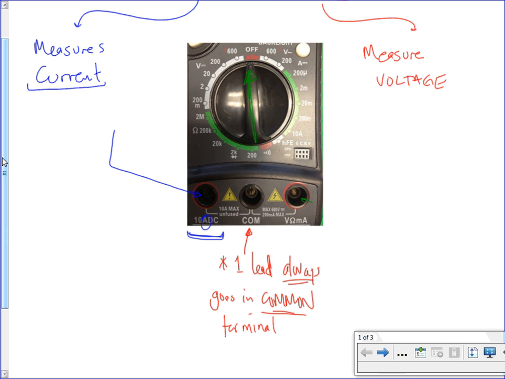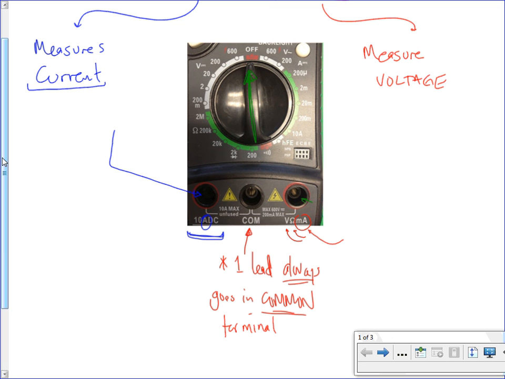Notice over here, we've got volts, ohms, and milliamps. So we can actually measure current if we plug the other lead in over here as well, except here's the deal. Most of our multimeters are not going to work great if you try to use this terminal to measure current, and that's because of the nature of ammeters.